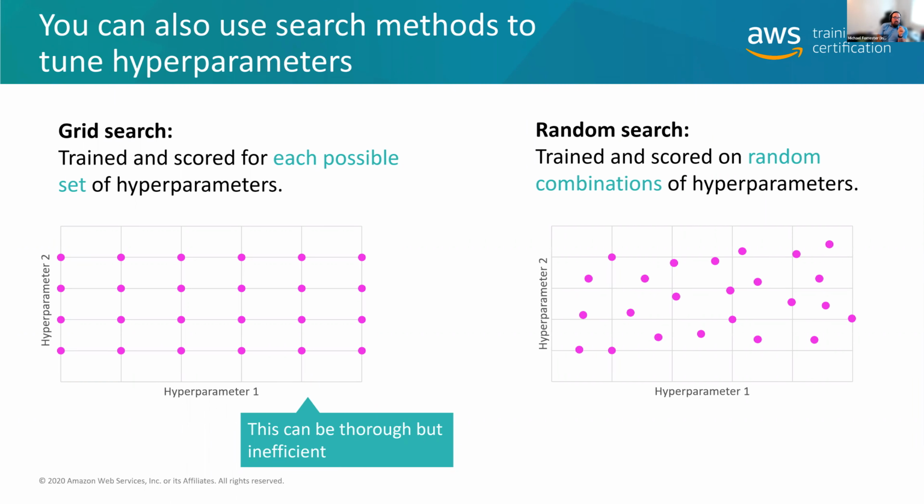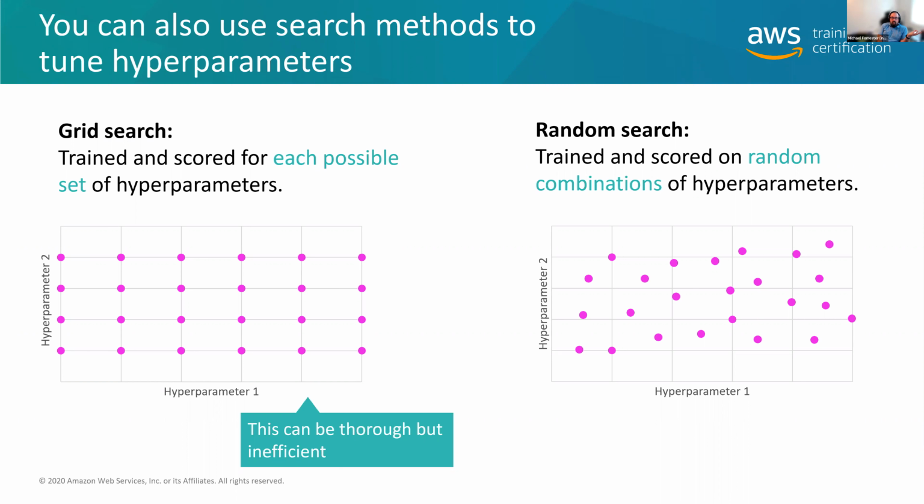Now, random search is similar to grid search, but instead of training and scoring on each possible hyperparameter combination, a bunch of random combinations are selected, and you can set the number of search iterations. It could be based on time or on resource constraints. Oddly enough, when compared with each other, random search tends to yield better results within a shorter time frame.